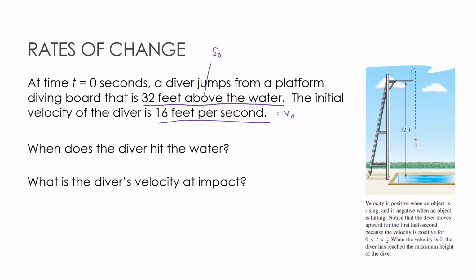And because all of my values are given to me in feet, or feet per second, my g is going to be 32 feet per second per second. So those are going to be the values that I use in my position function. We're going to use that information along with these questions on the next couple of pages.